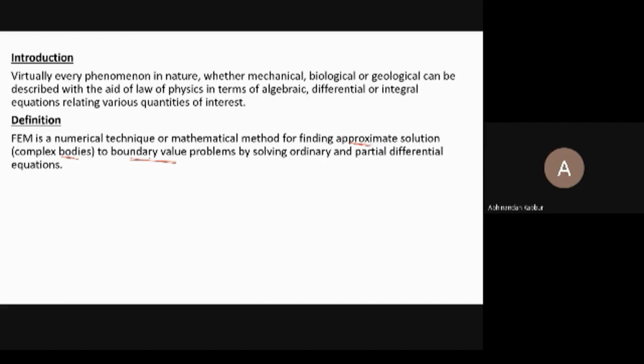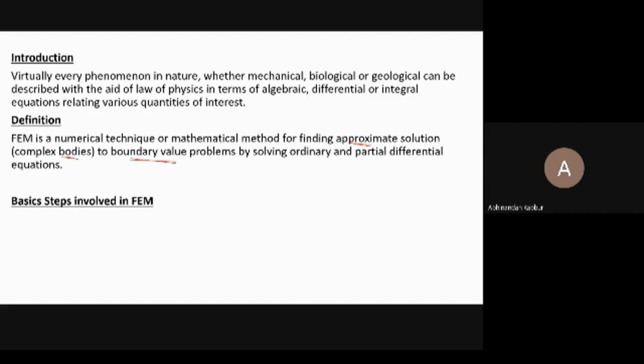For the boundary value problems, by solving the ordinary and partial differential equations, I can get a solution. If it is a complex body, I will get an approximate solution. If it is a standard shape body, I will get an exact solution. So that is the definition of FEM.